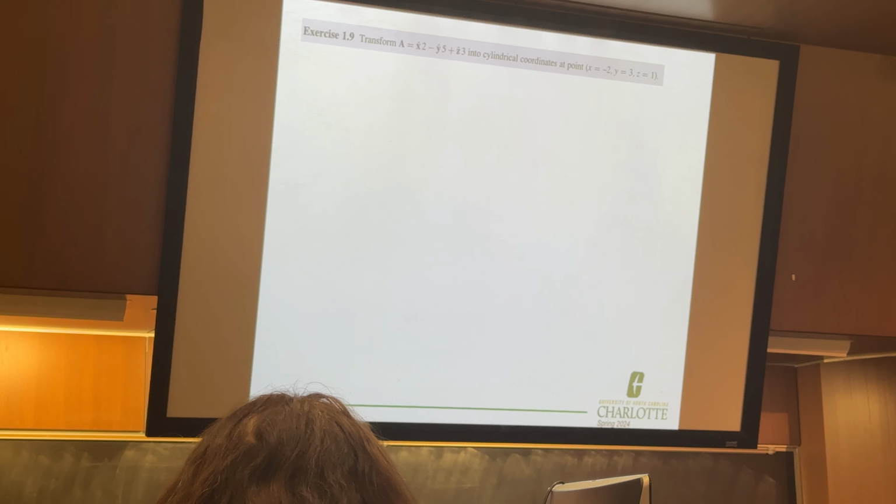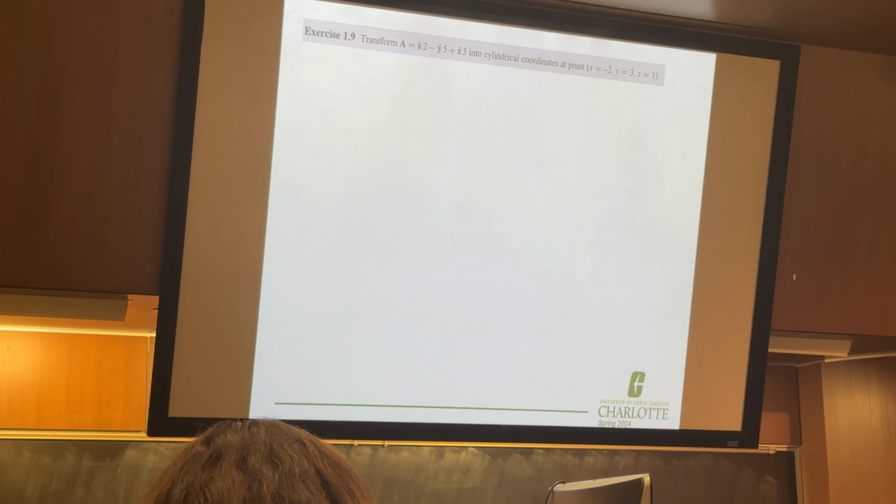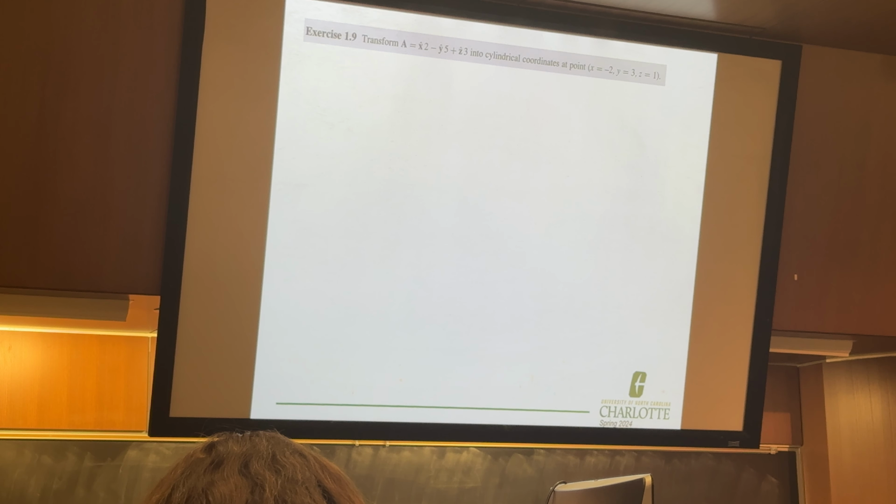Just like how in the cylindrical coordinate system, the values are dependent on the angle, the same way here, if you transform this into the cylindrical coordinate system, you can evaluate that vector at a particular point, and that's what we're going to do here.